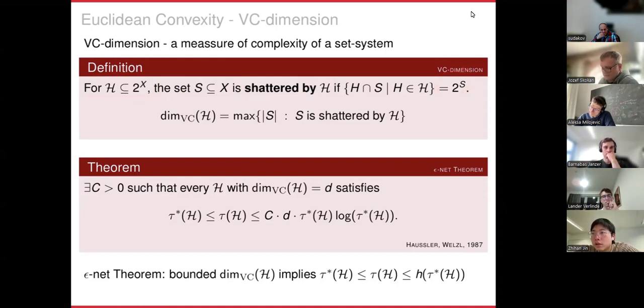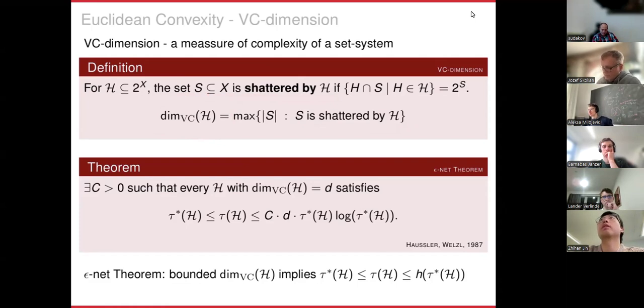So if I intersect S with the edges of the hypergraph, I get all possible subsets of S. If this is the case, S is called shattered by H, and we define the VC dimension of H as the maximum size of a set which is shattered by H. So we try to find a larger set for which, if we intersect it with H, we get all possible subsets. That's our complexity measure.